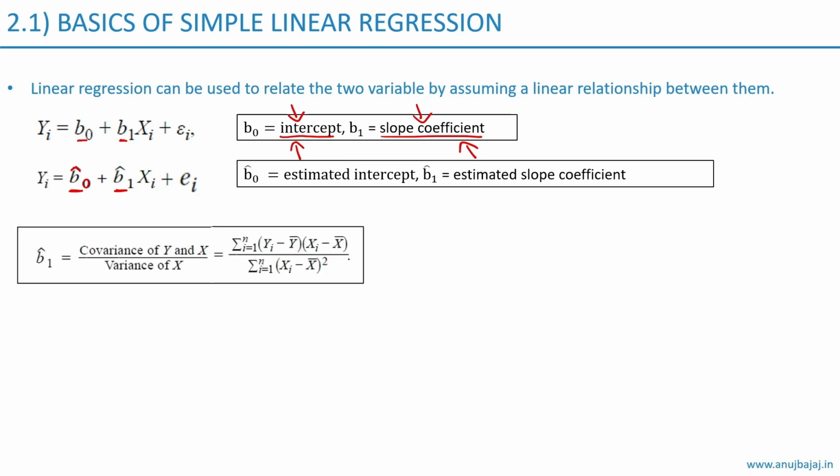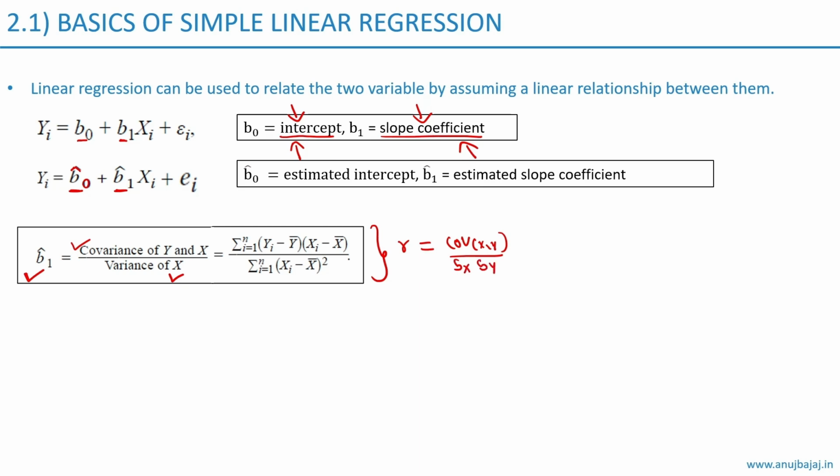And this is the formula of the estimated slope coefficient, which equals the covariance between the dependent and the independent variable divided by the variance of the independent variable. The formula is very similar to that of the correlation. Correlation equals the covariance between x and y divided by the standard deviation of x and the standard deviation of y.